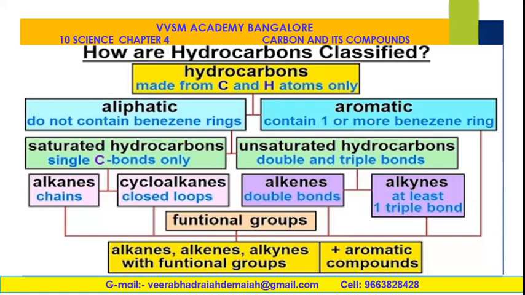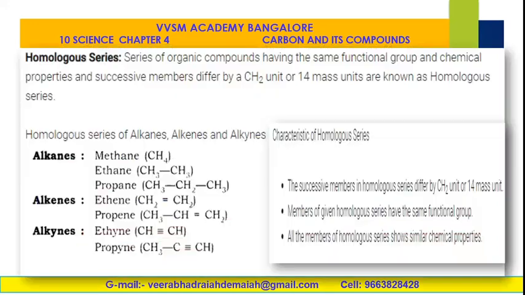Now, saturated hydrocarbons have only single bonds. They are further classified into alkanes and cycloalkanes. Cycloalkanes have closed loops. Next, based on the functional groups, there are alkanes, alkenes, and alkynes with functional groups, and aromatic compounds. These are the very important concepts of how they are classified.